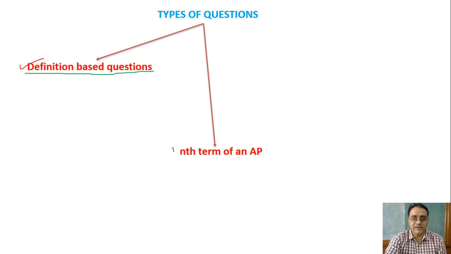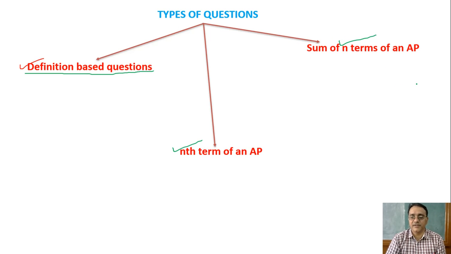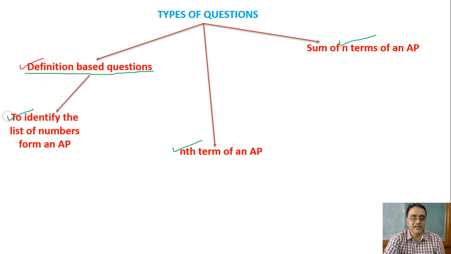And second type is nth term of an AP based questions, and the third one is sum of n terms of an AP based question. So ये main three categories हैं. So definition based questions में first है to identify the list of numbers from an AP. That means you have to check whether it is the list of numbers forming an AP or not.